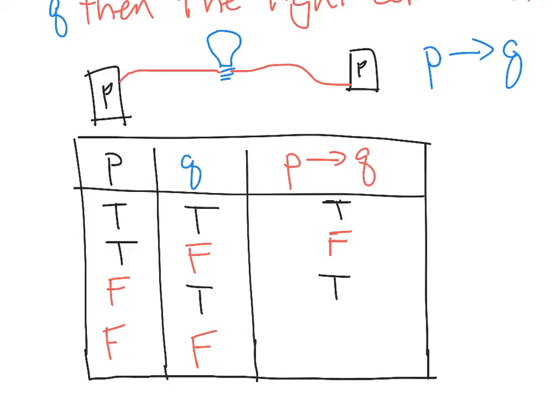And the next one, we've got the situation where P is false and Q is false. This is where I did not flip the switch and the light did not come on. Well, what do you expect? It's still true that if I flip the switch, then the light comes on. We have not provided a counterexample here. So if I don't flip the switch and the light doesn't come on, that doesn't affect the truth of our original statement. So it's true.